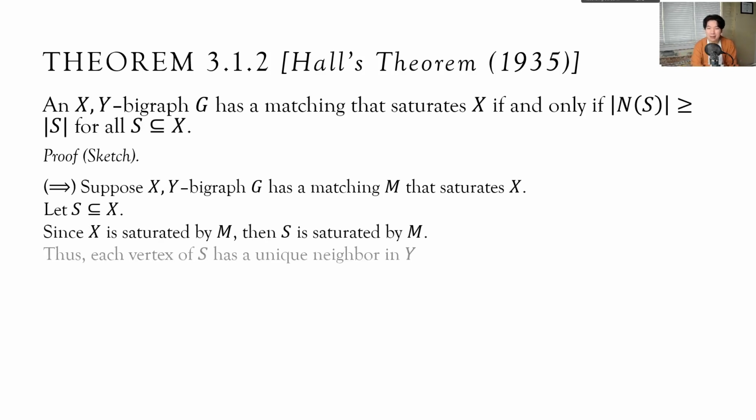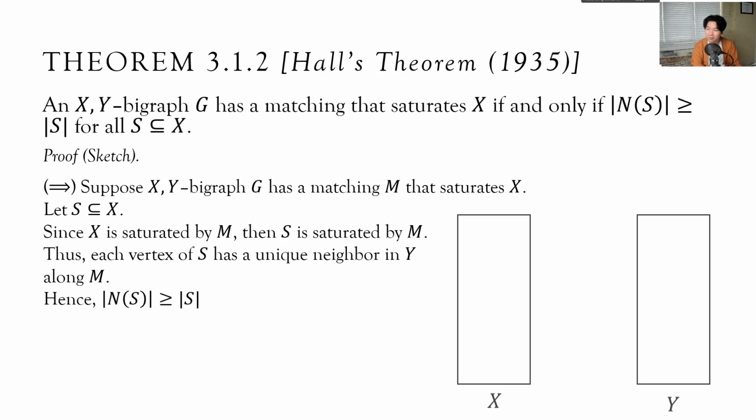That tells me that for each vertex in S, there is a unique neighbor in Y that follows along M. Again, S is saturated, which means each vertex has an edge incident to it along M. Using that idea, we should be able to say that the cardinality of the neighborhood of S is at least the cardinality of S. How did I make that conclusion?